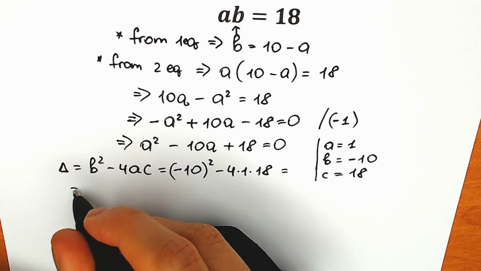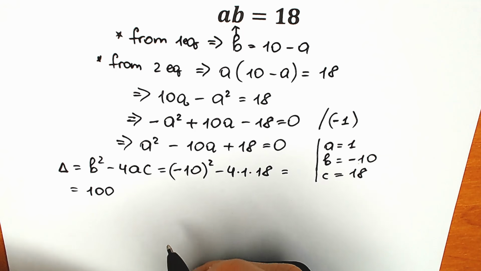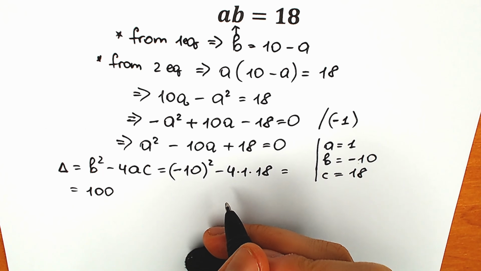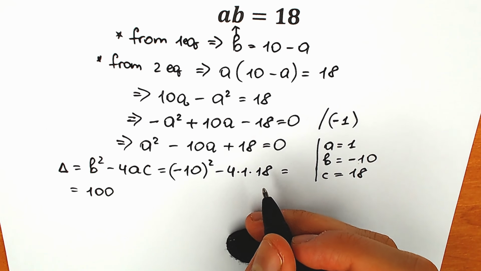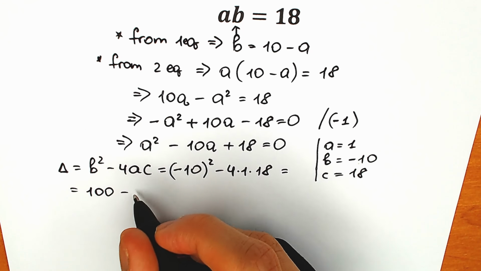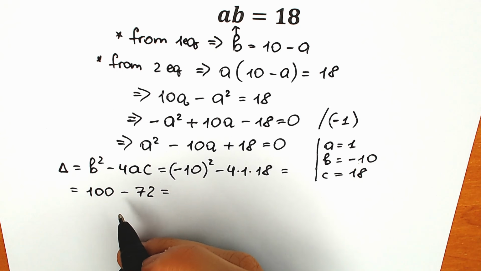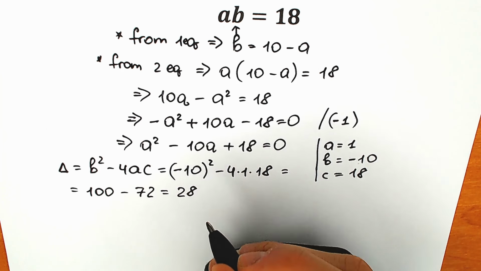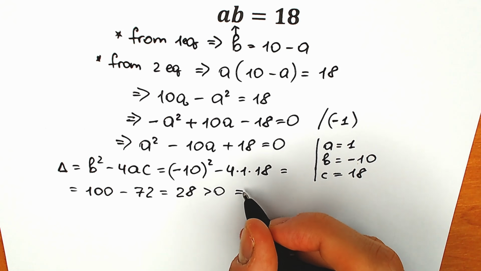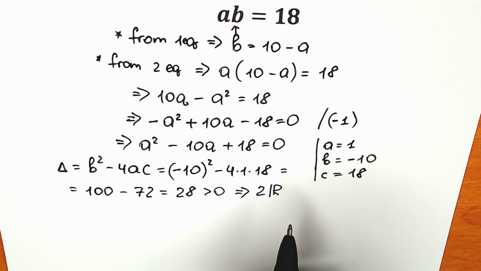Minus 10 square equals 100 with the plus sign, because we have a square, and 4 times 18 is 72. So 100 minus 72 equals 28. This is our discriminant, and this is great news, because the discriminant is greater than 0, so we have two real roots.